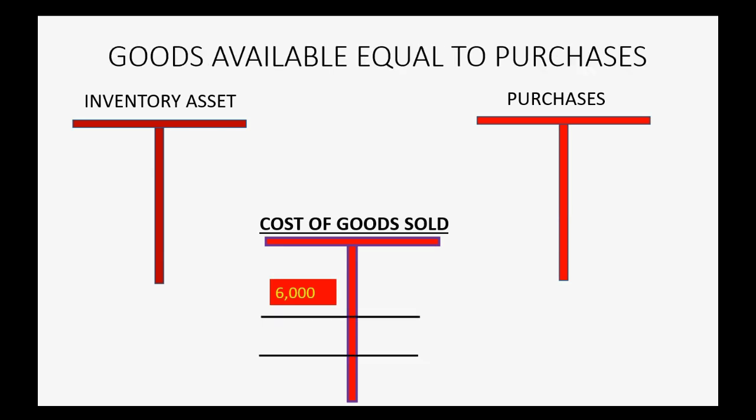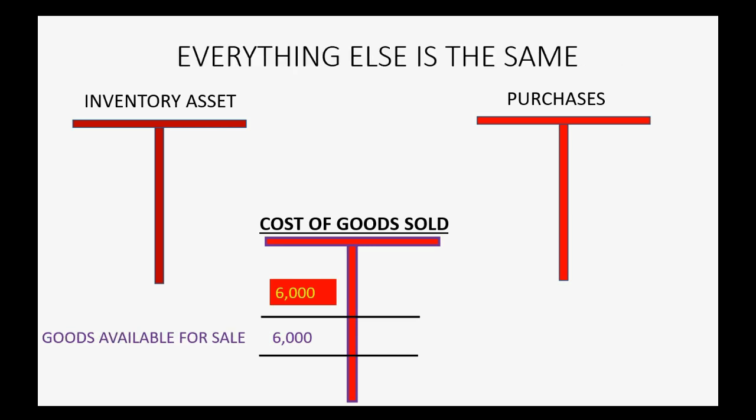Then we know that the goods available for sale would simply be equal to the cost of purchases because there was no beginning inventory. Then, of course, we would wait until the end of the first month and find out how much money worth of inventory we have by physically counting it.